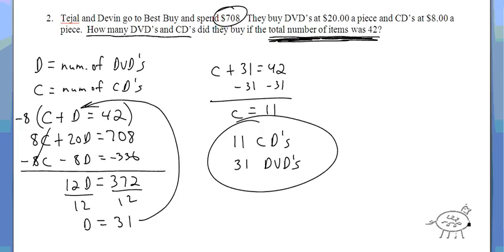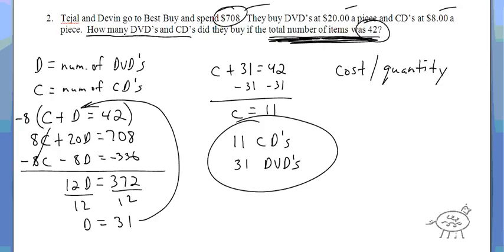So we call the other one a cost problem because there were two costs involved. And again, this is the total number of items. This is called a cost quantity problem because it has a cost. The 708 is the cost with the $20 a piece and the $8, and it has a quantity because it's the 42. The total number of items is 42. So those are the two equations.